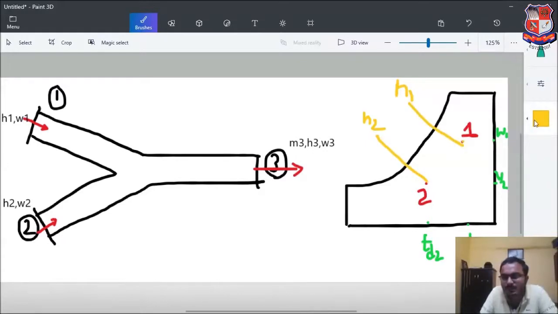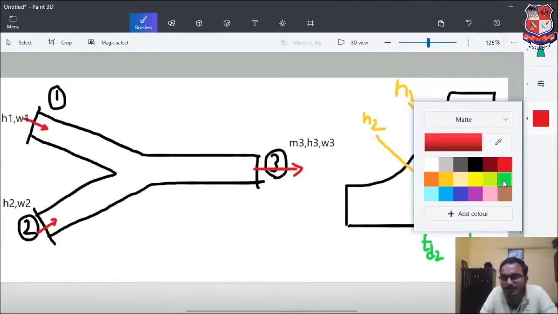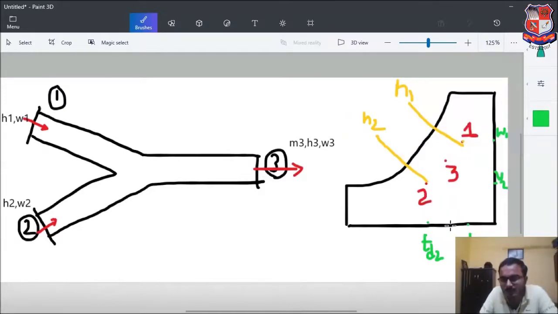Okay, and as we are mixing, the final one will be in between these two, that is point number 3 will be here, and the value of temperature will be here, that is TD3, and the specific humidity will be W3.